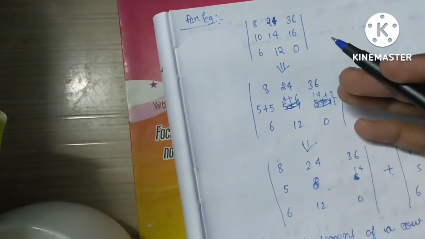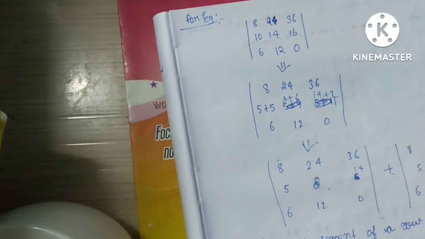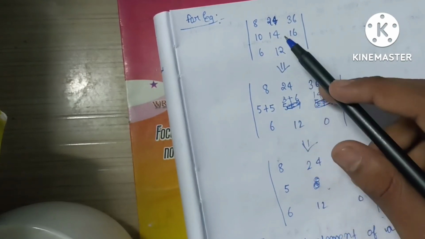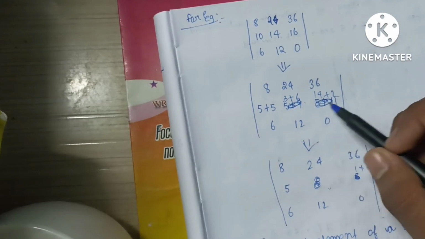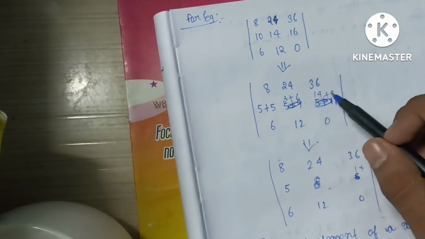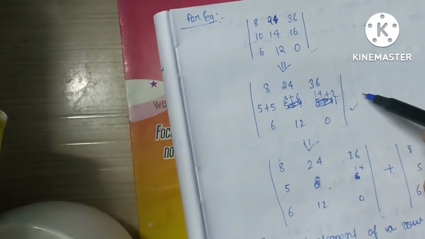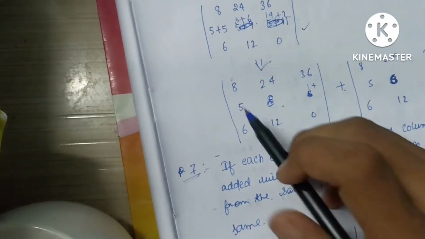If we can represent a number as a sum of two or more numbers, then the determinant will be written in such a way. Here 10 we have divided into 5 plus 5, 14 into 8 plus 6, 16 into 14 plus 2, any numbers which sum to the original number. If we express the determinant like this, then by analyzing this we will get the determinant.